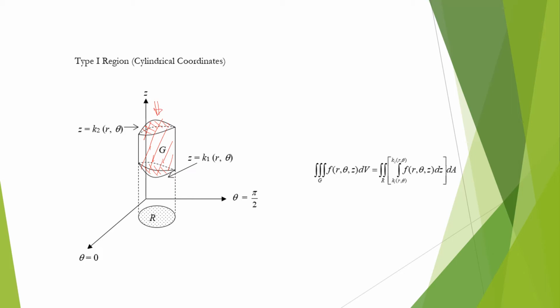The projection from here gives us the shadow region R. Here is the double integral over region R, and this first integral is with respect to z. This one should be the upper limit, this one should be the lower limit, because k2 is greater than k1.